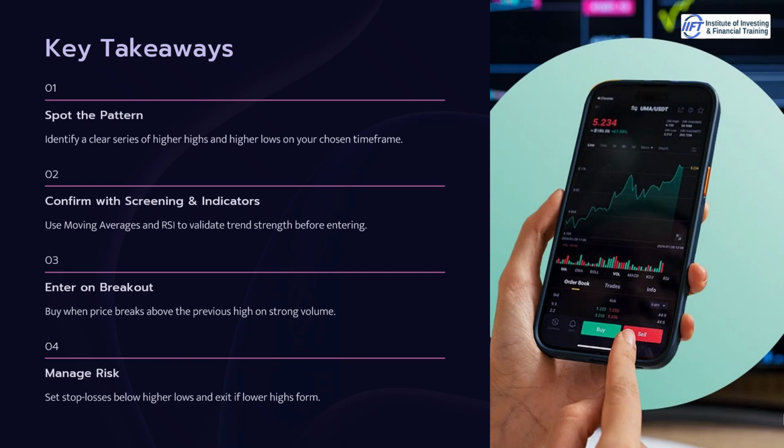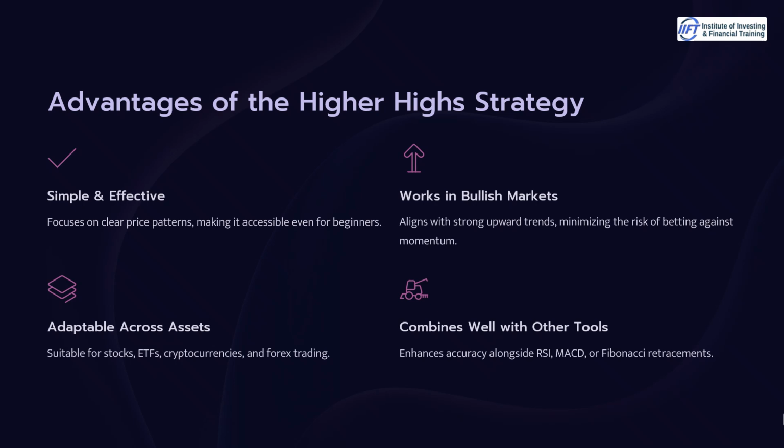So you set a stop loss in order to manage that, so you can then sleep at night knowing that if the trend suddenly stops, you'll be cut out of the position automatically. So this strategy is simple, effective, and it works across almost any asset class. So it keeps you aligned to the market momentum rather than fighting against it.